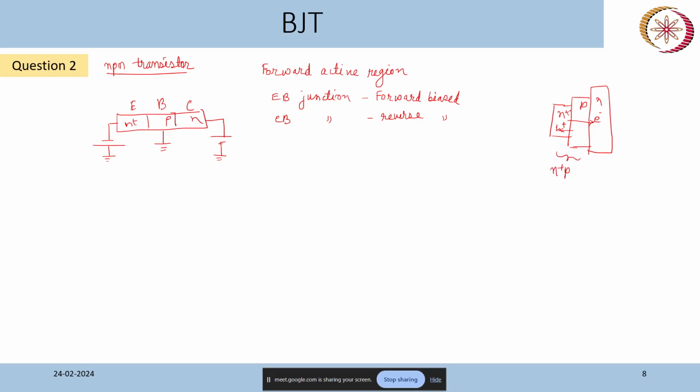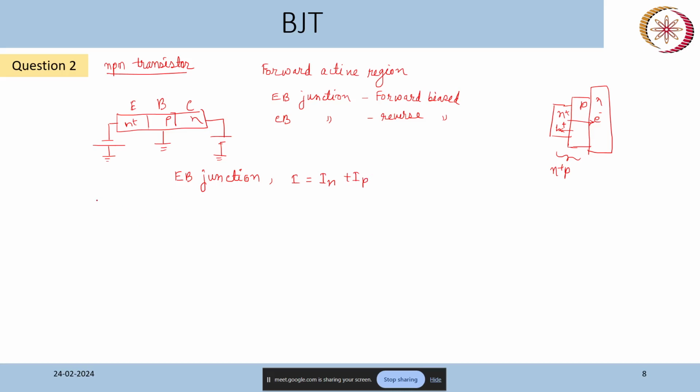Now we want a high electron current, because those electrons reach the collector, and that gives us the collector current. In the emitter base junction, the total current is In plus Ip, the electron current and the hole current.